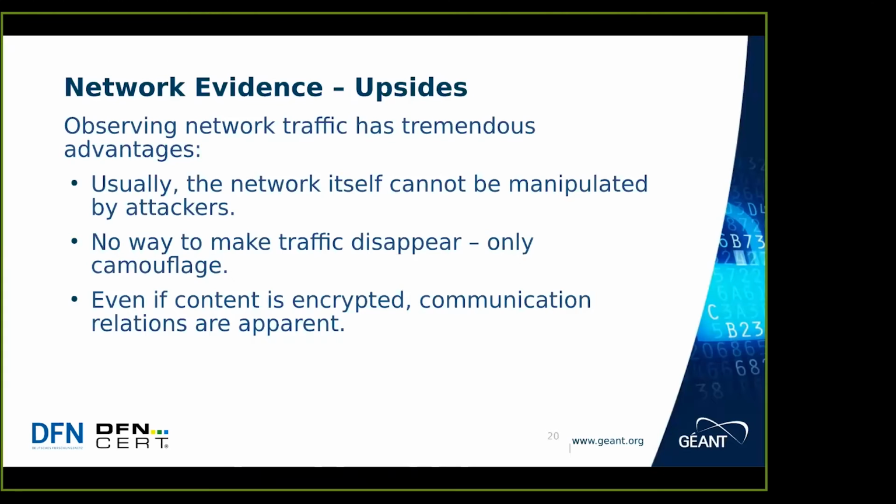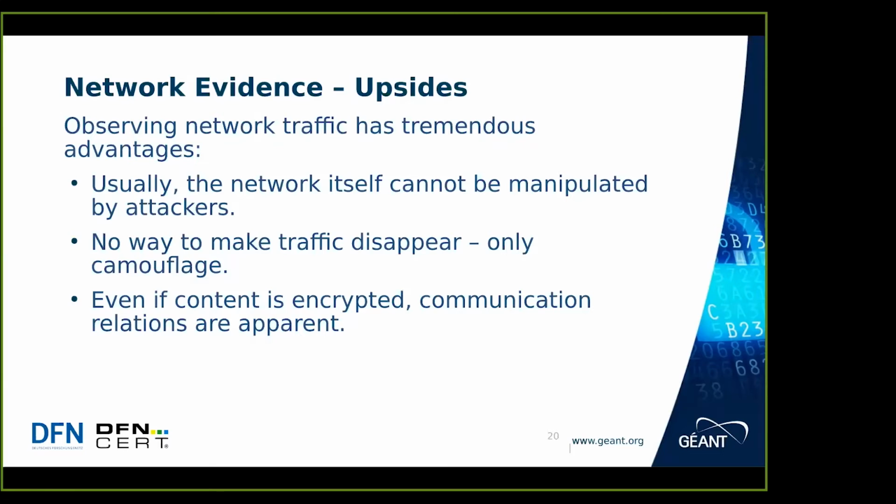Usually, the network traffic itself cannot really be manipulated by any attackers, meaning that, as we will see in a bit, for instance, NetFlow data is generated by network equipment along the way, which is hopefully, at least, it doesn't have to be true, but hopefully not under control of the attacker.